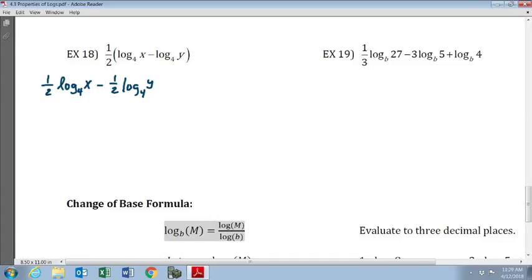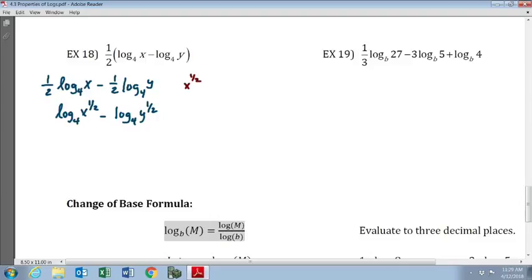We could probably do it either way here. We'll go this way. We actually could use the quotient rule first. You'll end up getting the same answer. I don't know which one's better. Probably a personal choice. But anyway, let's go ahead and now move those. We can use property 3 and move those 1/2s to be exponents using the power rule.